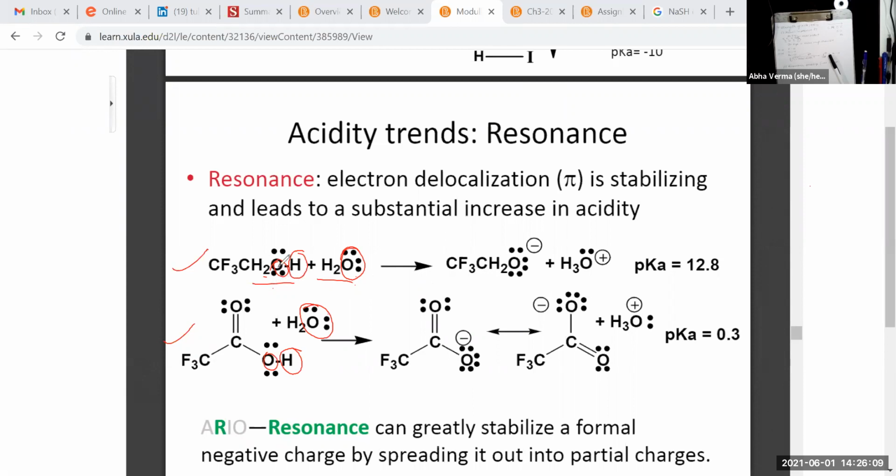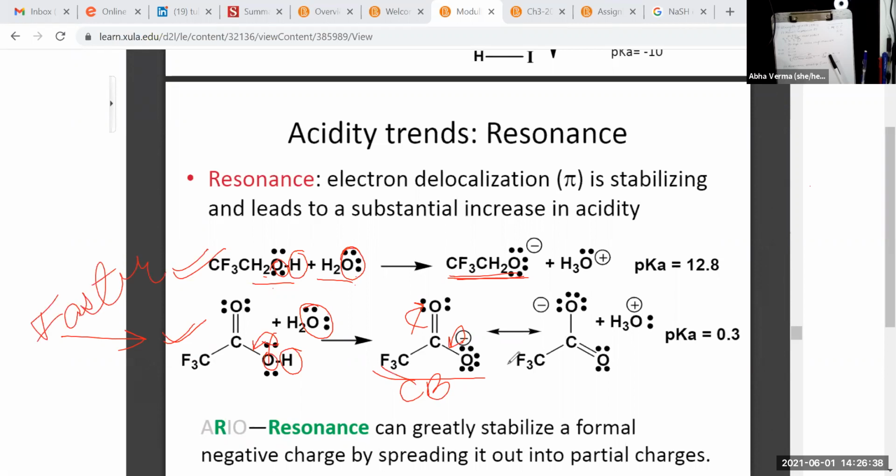How do we know that? We will see in a minute how the resonance works. Resonance is stabilizing this conjugate base, while there is no resonance present here. So out of these two reactions, this reaction will be faster.